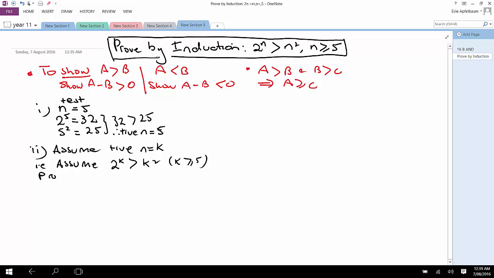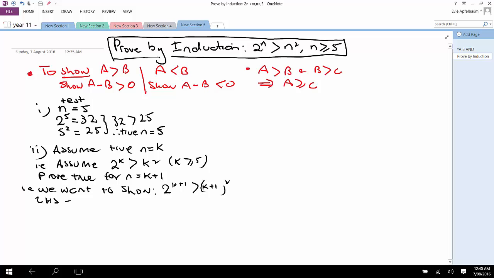Prove true for n equals k plus 1, i.e., we want to show that 2 to the k plus 1 is greater than k plus 1 squared if 2 to the k is greater than k squared. So we look at the difference.